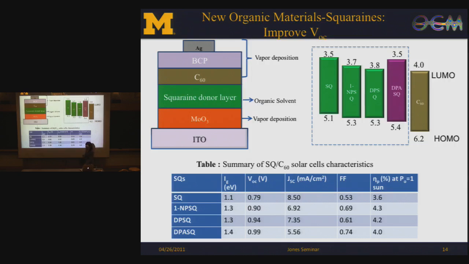Then we still want the efficiency to be much higher, and we know how to do it. As I just mentioned, we can use the thermal annealing process to change the thin film morphology and crystallinity. So we apply the same strategy on this device, MPSQ C60.